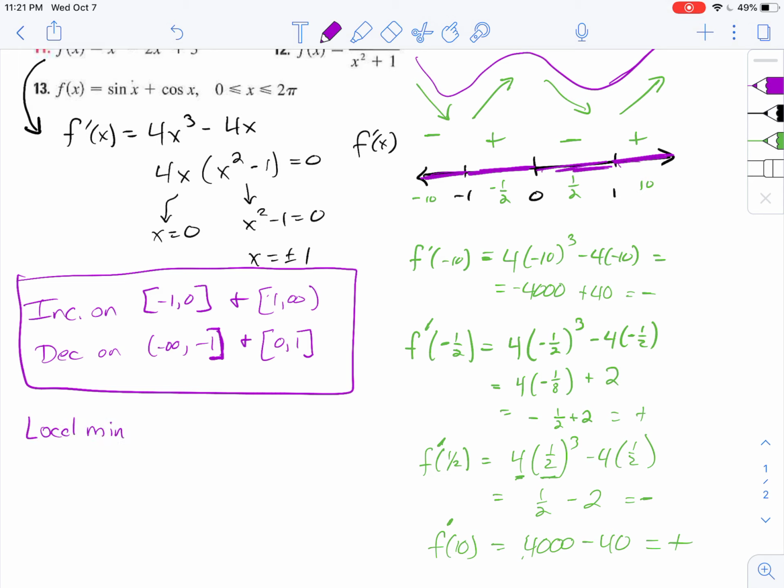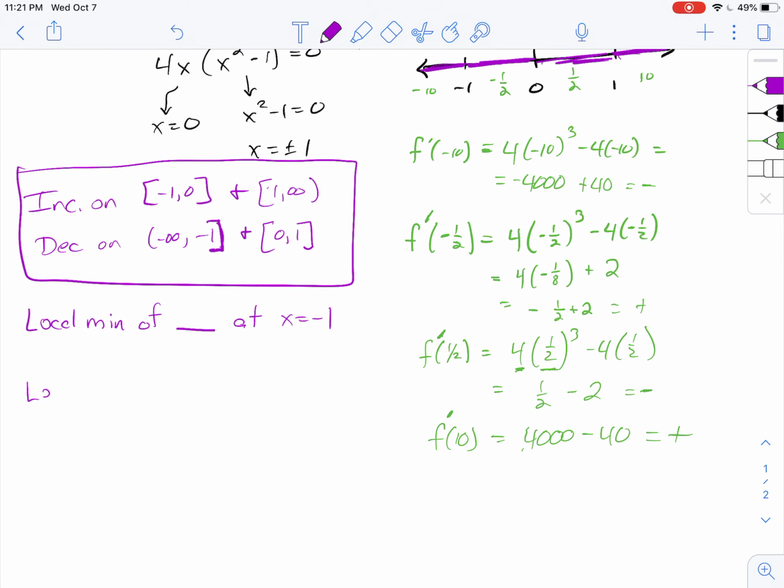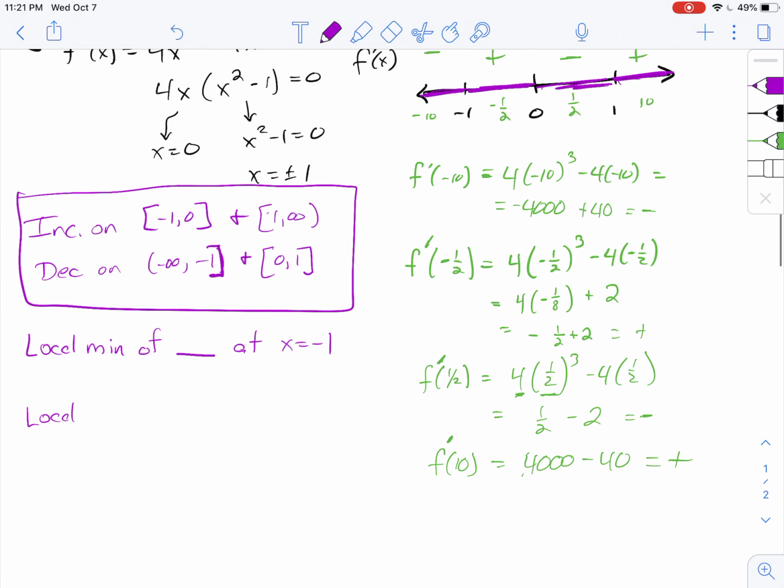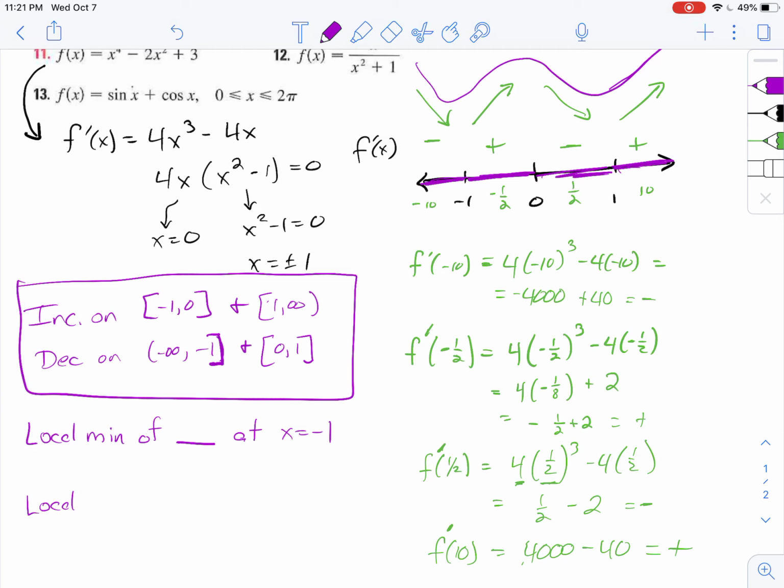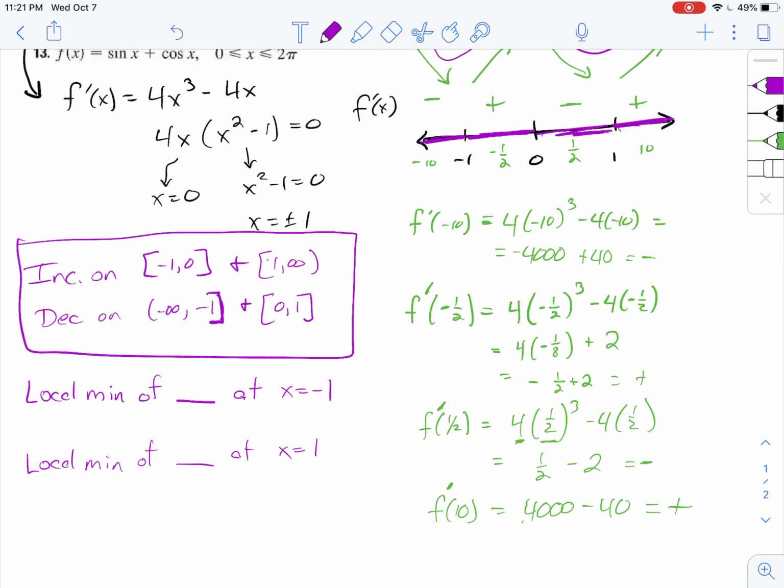So we have a local minimum of blank at x equals -1, a local minimum of something else at x equals 1, and a local max of something at x equals 0.